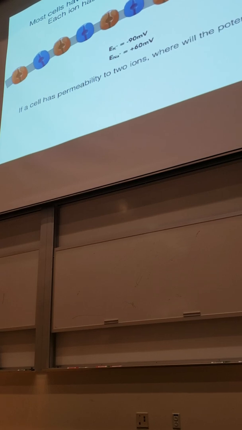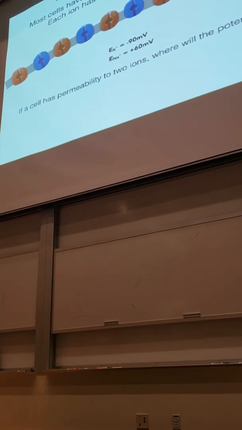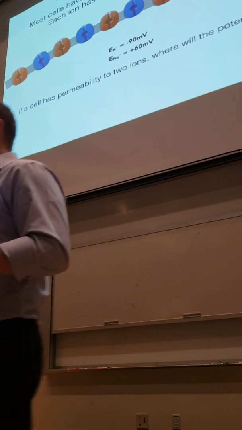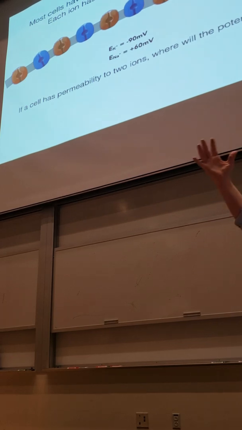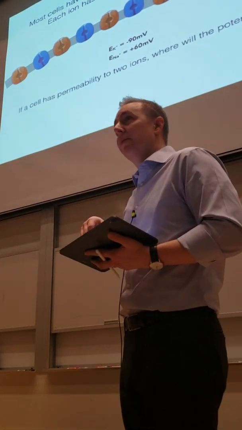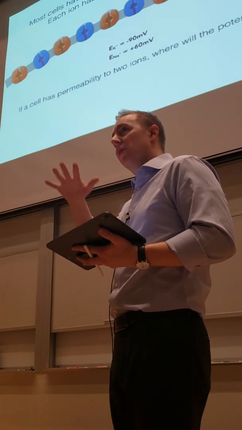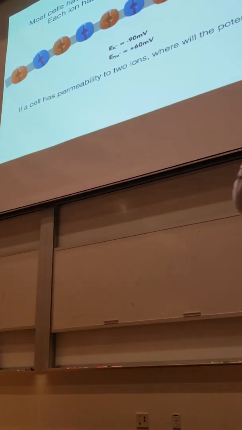So what's happening in a cell membrane like this is that we've got ions moving through the cell membrane. There's a constant efflux of potassium, because potassium is never going to get to minus 70. So there's a constant loss of potassium and a constant gain of sodium, and at some point they reach their own balance.